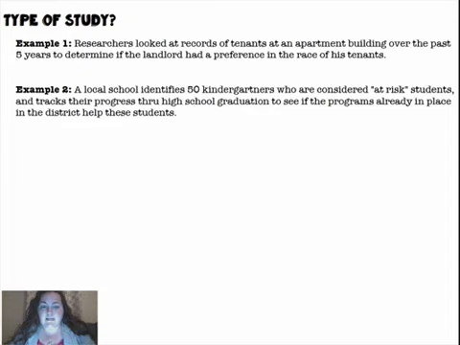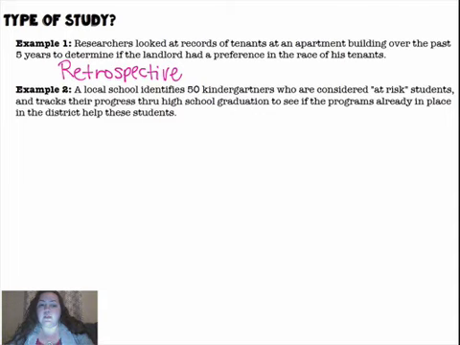Alright, type of study. Example 1: researchers looked at records of tenants at an apartment building over the past 5 years to determine if the landlord had a preference in the race of his tenants. So they're taking the records and then looking back. So that's retrospective.